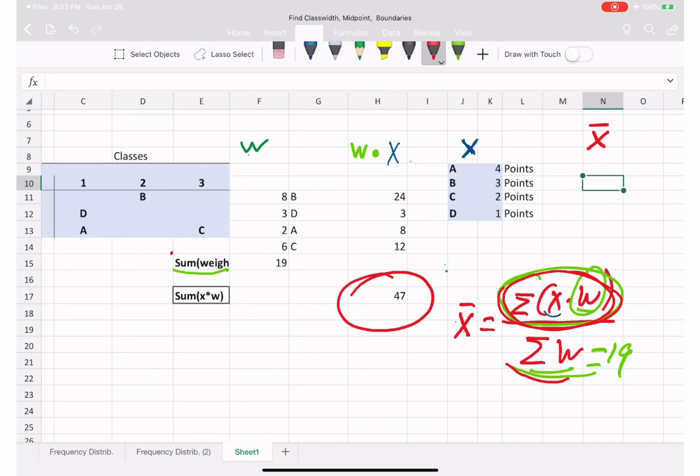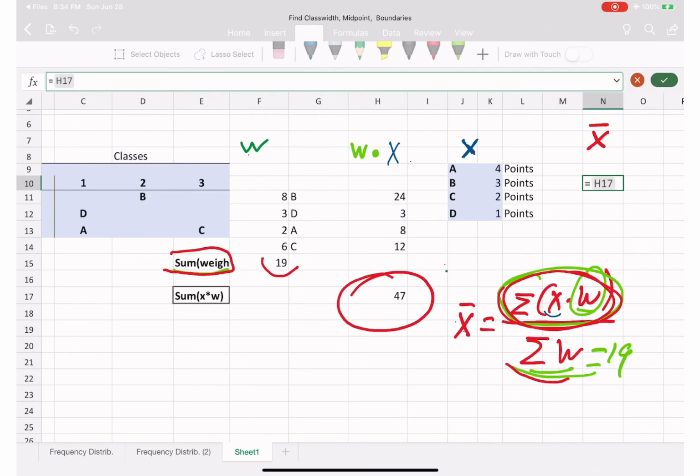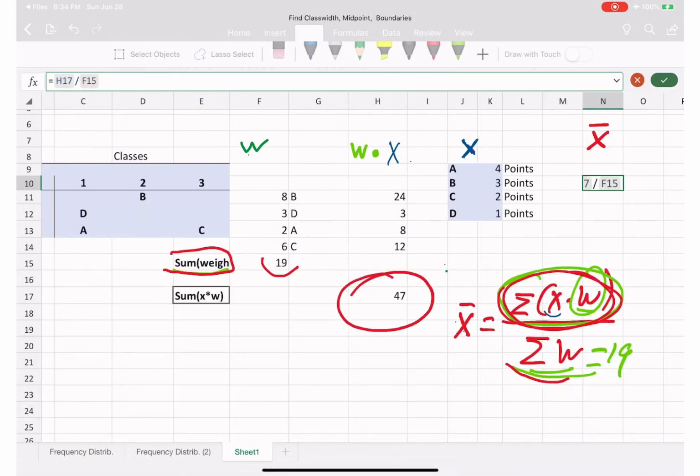Here it is sum of w, which is going to be this 19. Equal 47 divided by 19.